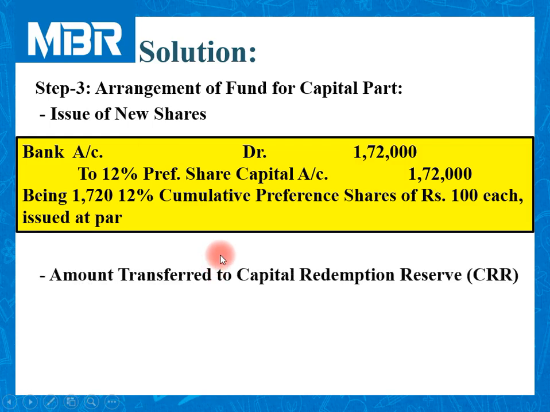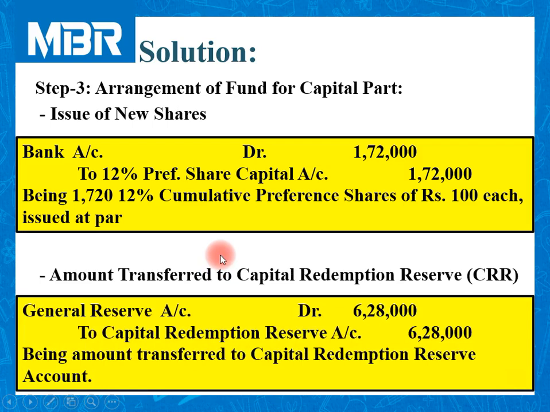Then we have transferred rupees 6,28,000 to CRR, Capital Redemption Reserve. General reserve account debited rupees 6,28,000 to CRR account 6,28,000. We have transferred the amount from general reserve to CRR.